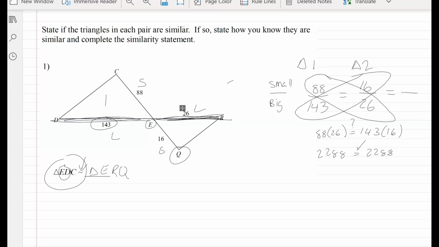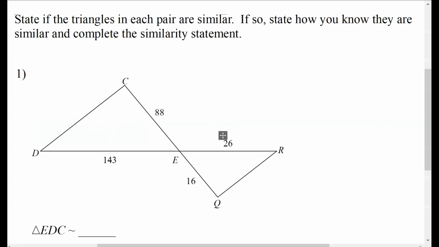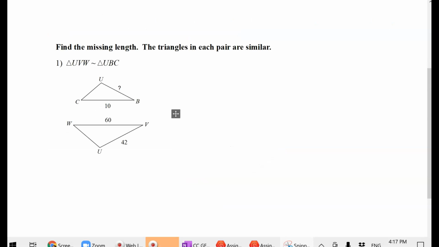Okay, so that's pretty much level 2. There's one more thing. Sometimes they're going to ask what is the measurement. They're going to tell you they are similar. Find the measurement of 1. This one's a little bit different. They're telling us they are similar. If they are similar, first of all, they give you the similarity statement.